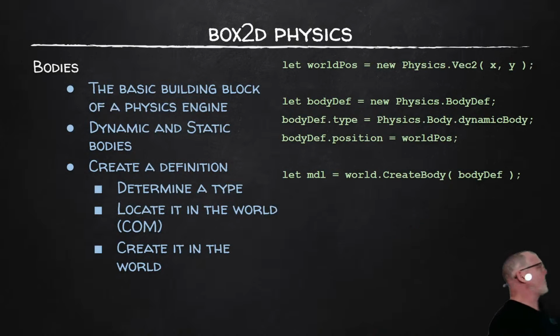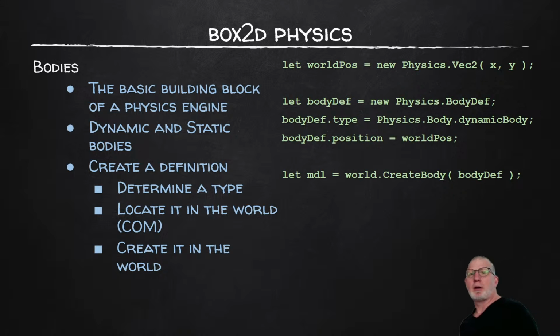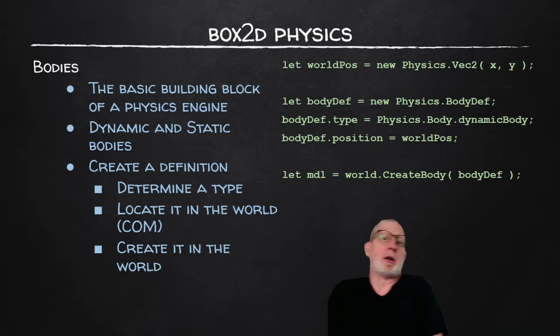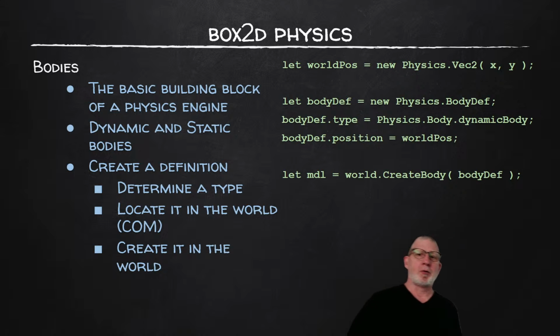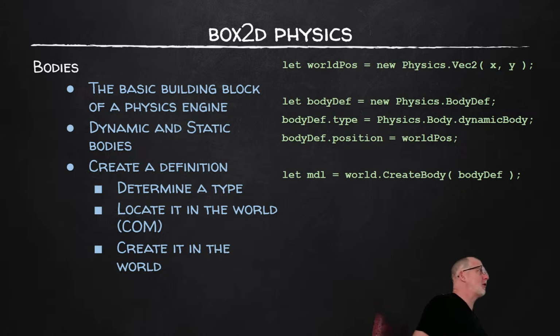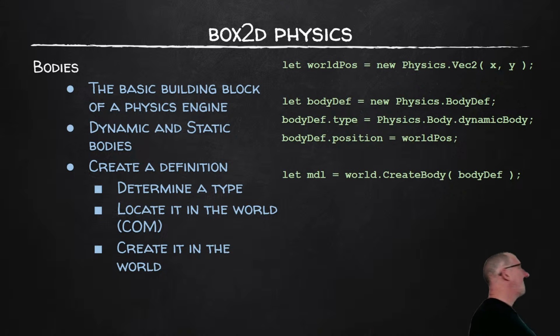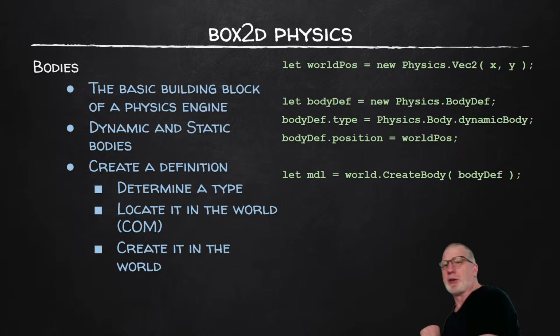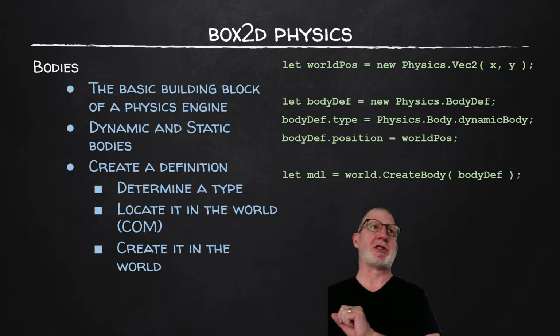This basic building block is how we build components or model objects. First of all, we need a position to put them at. The second thing is we need to create a body definition. Third thing is we're going to tell it what kind of body it is. And there's only two possibilities here. There's a constant called dynamic body and a constant called static body.